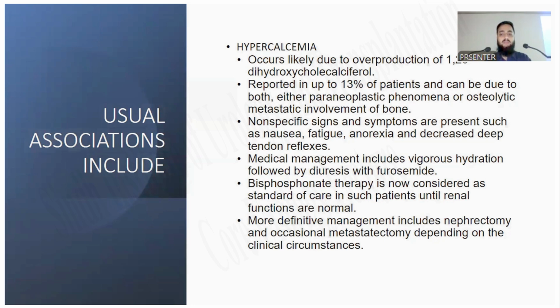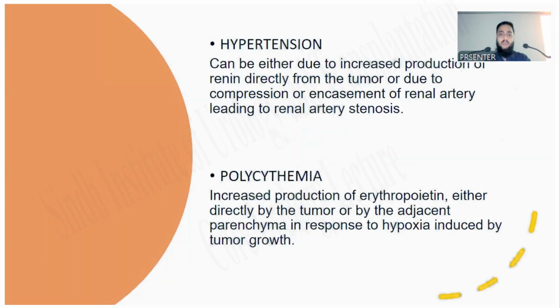Non-specific signs and symptoms are present, such as nausea, fatigue, anorexia, and decreased deep tendon reflexes. Medical management includes vigorous hydration followed by diuresis with furosemide. Bisphosphonate therapy is now considered standard of care in such patients until renal functions are normal. More definitive management includes nephrectomy and occasional metastasectomy depending on the clinical circumstances.